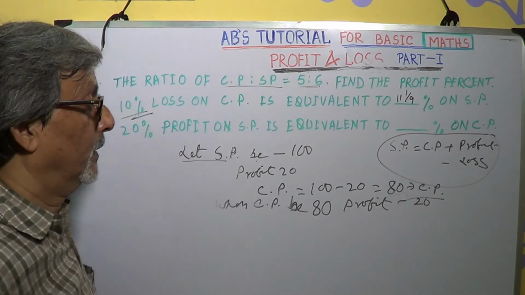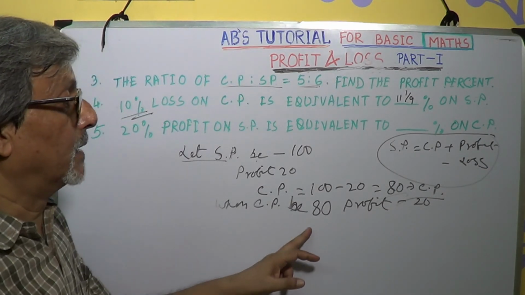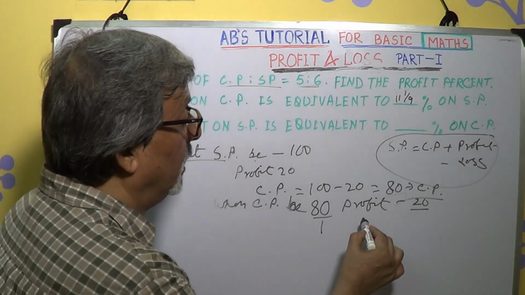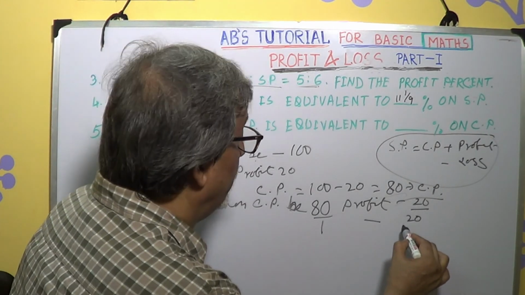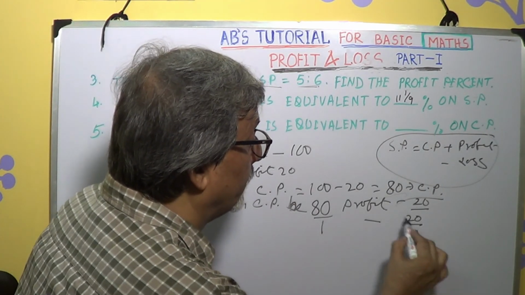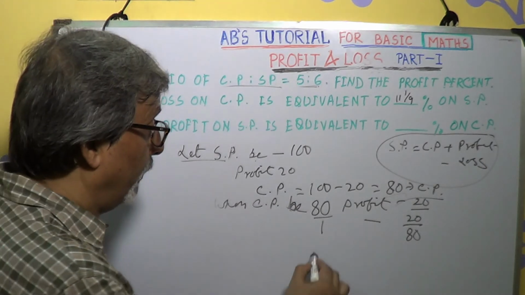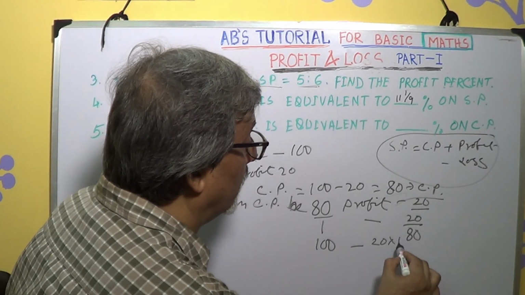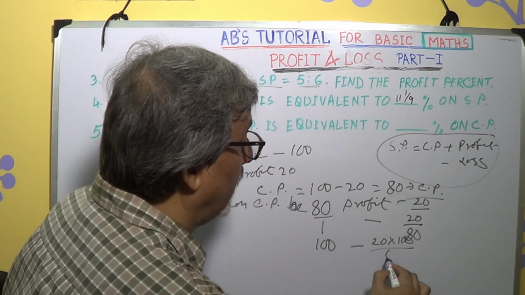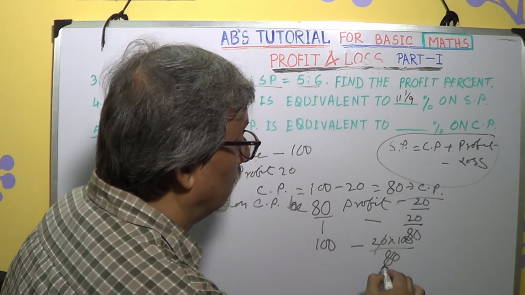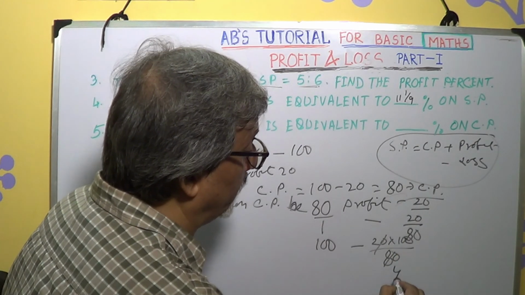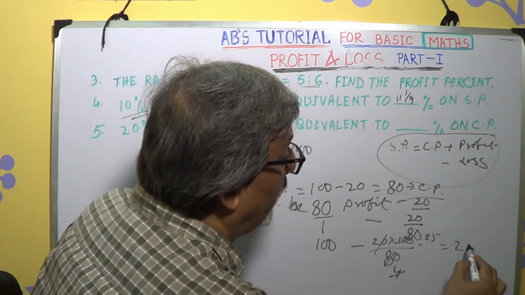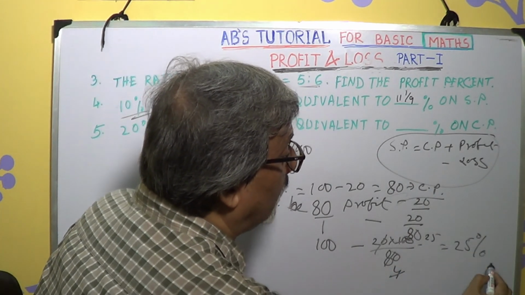When cost price be 80, profit be 20. When it is 1, profit becomes 20 by 80, isn't it? And when it is 100, it becomes 20 into 100 by 80. So 20 and 80 cancel, this gives 4, and 4 and 100 cancel, this gives 25. So 25% is the answer.